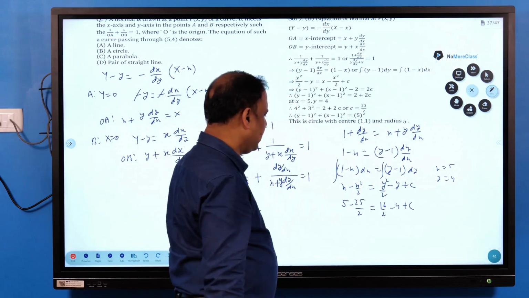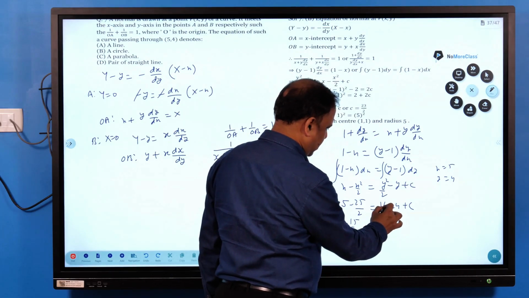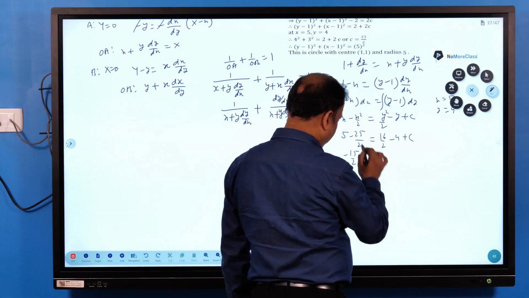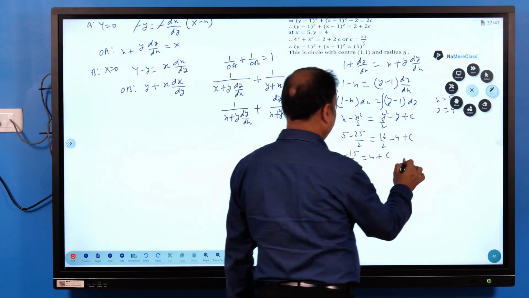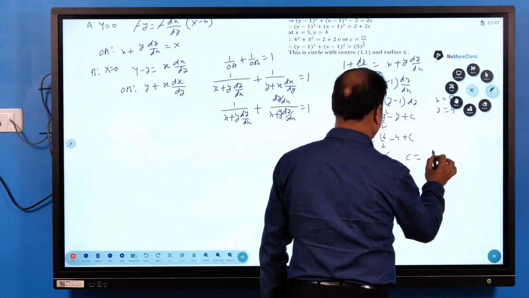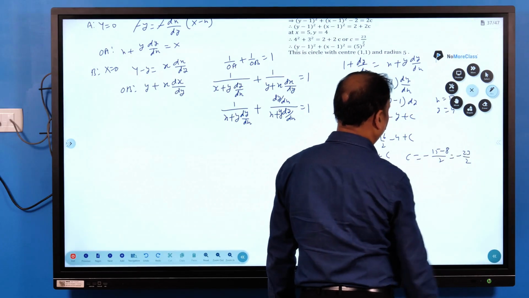So some constant will come. 10 minus 25 upon 2 is equal to 8 minus 4 plus c. So this c is equal to minus 4 minus 8 upon 2 minus 23 upon 2.